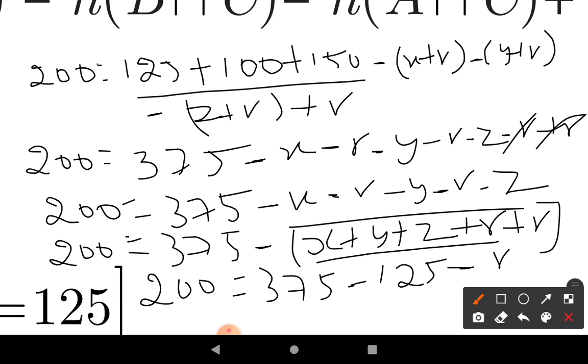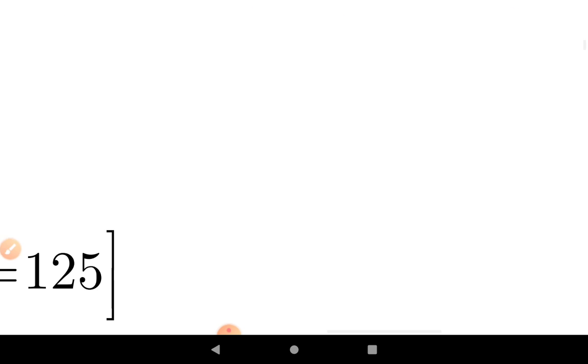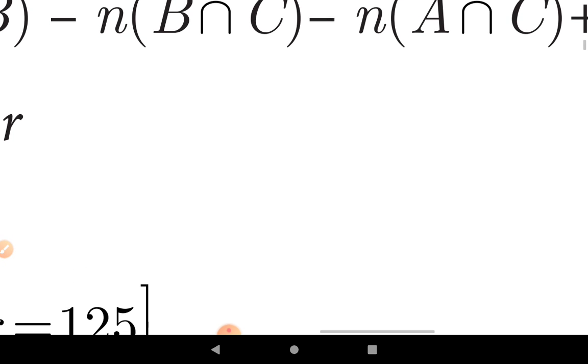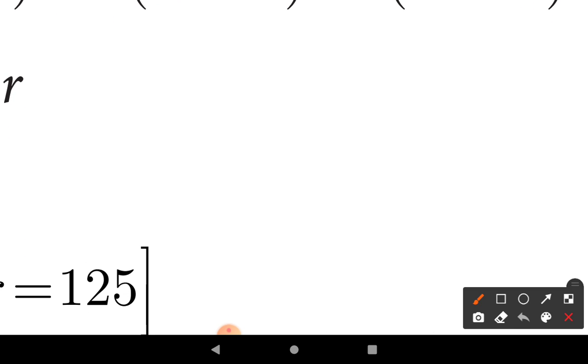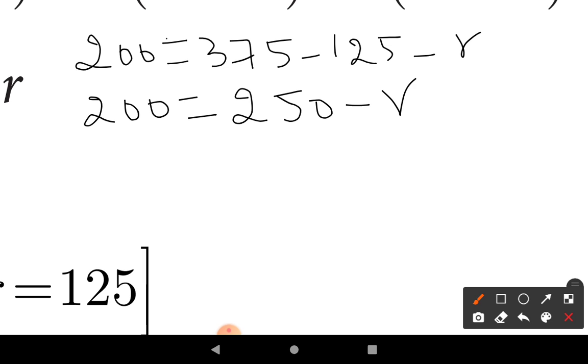Okay, so what is the last step we have written? 200 is equal to 375 minus 125 minus r, right? So what happens, 200 is equal to 375 minus 125, what will we get, 250 minus r.